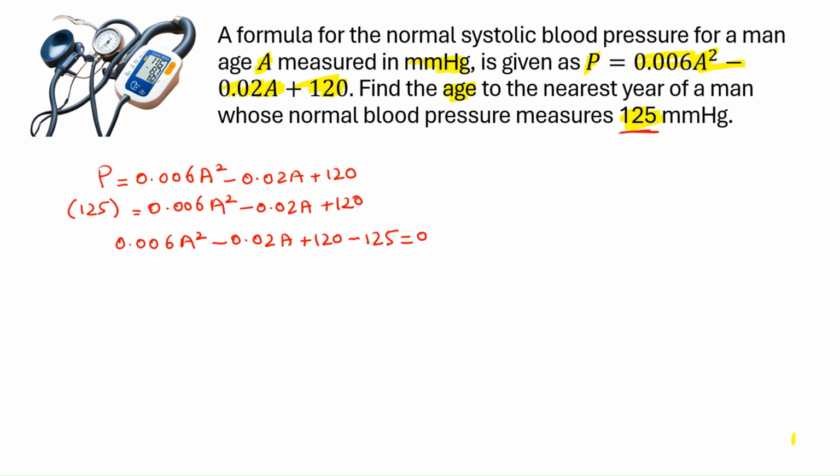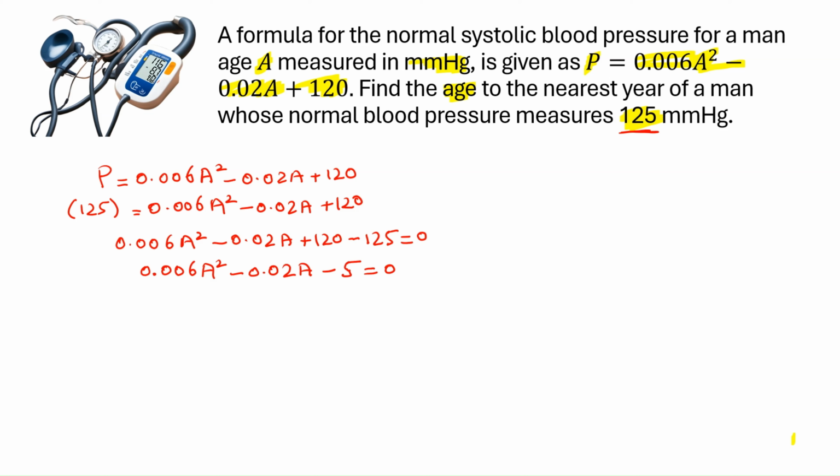Further simplification of this becomes 0.006 A square minus 0.02 A minus 5 equals 0. This is the simplified form of the formula given here.